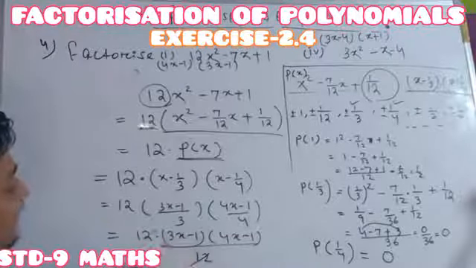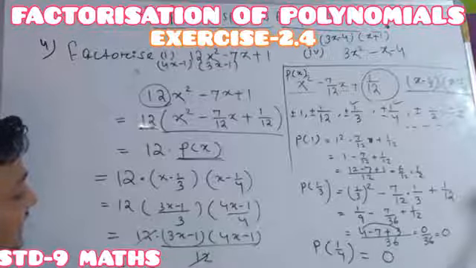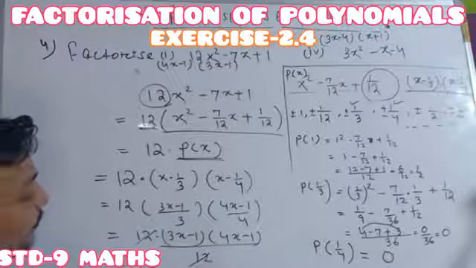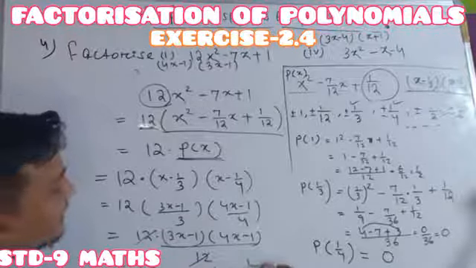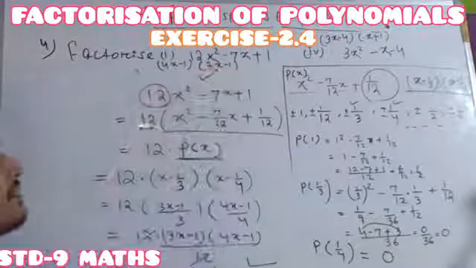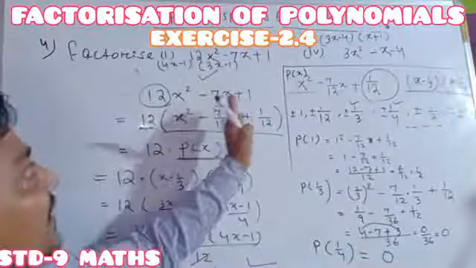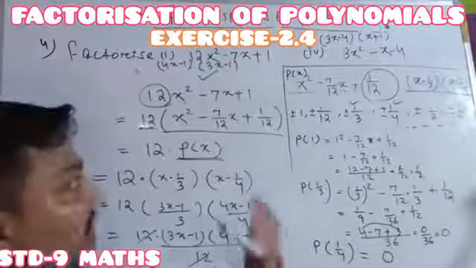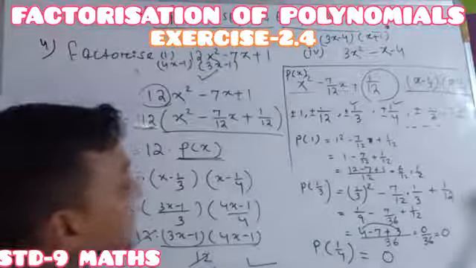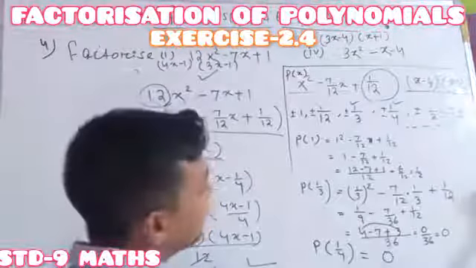Here 12 cancels. The factorization is (3x minus 1) whole into (4x minus 1). Just see, this factorization and the previous factorization are both the same, otherwise both would be different. Understood or not? But I feel that for a quadratic polynomial you just have to do the splitting method. Okay? And remember, I am also telling another easy trick.